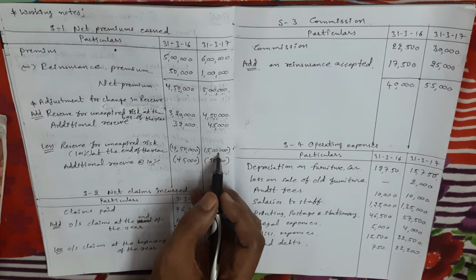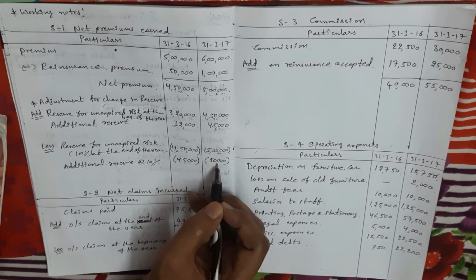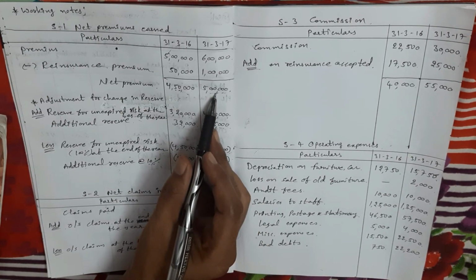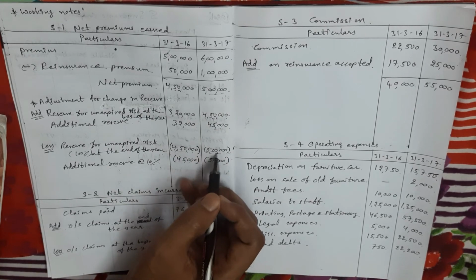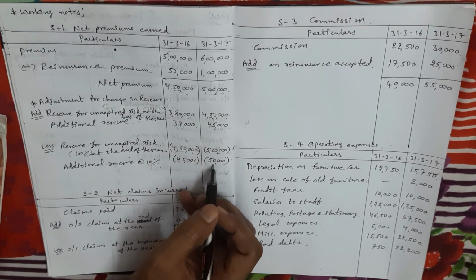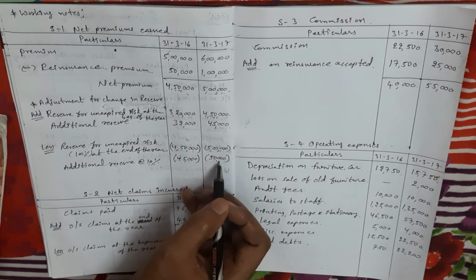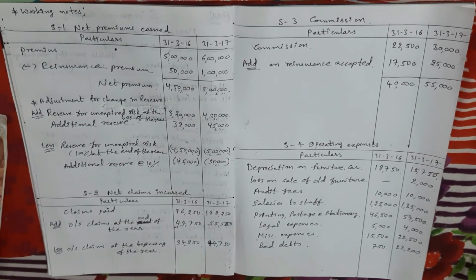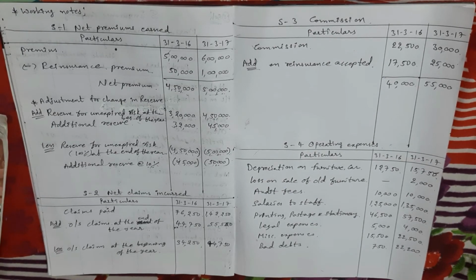Next, present year closing reserves: how to calculate? On present year net premium amount. Reserve for unexpired is 100%. Next, additional reserve 10%. Okay, the last adjustment is also completed. Now close all the schedules one by one.